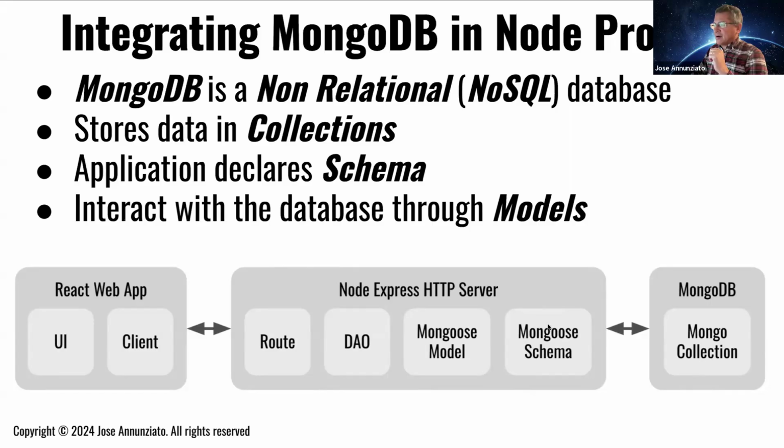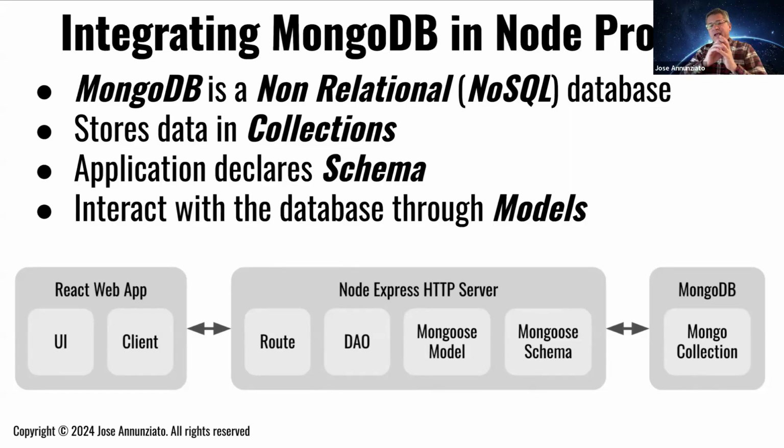Instead, they're going to live in our Node.js application. And for this, we're going to use a library called Mongoose to describe the structure of the data, to describe the schema. In Mongoose, these are called Mongoose schemas, and they literally look very much like the schema that you would use in a relational database.